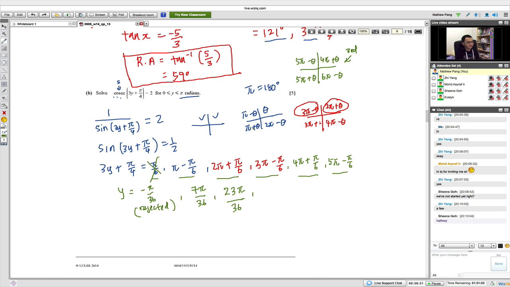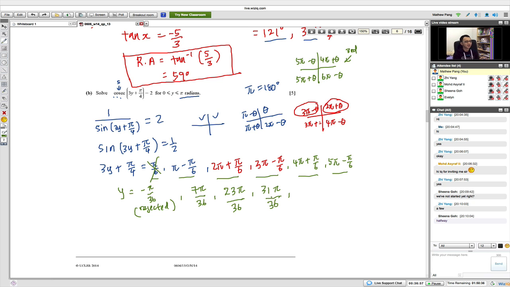Then for this one, this is 3 pi minus pi over 6 and then minus pi over 4 again, and then divided by 3. This is 31 pi over 36, not over 6.